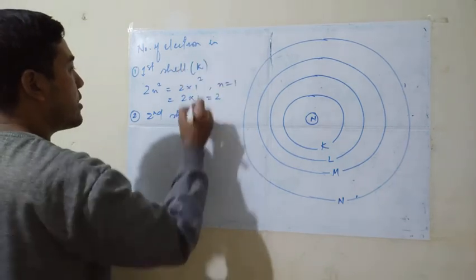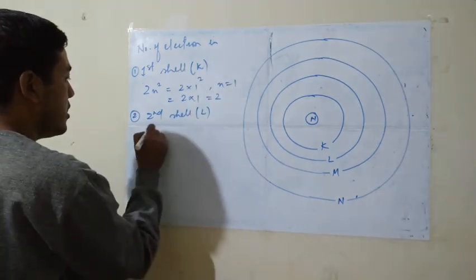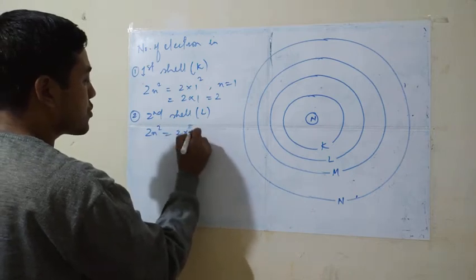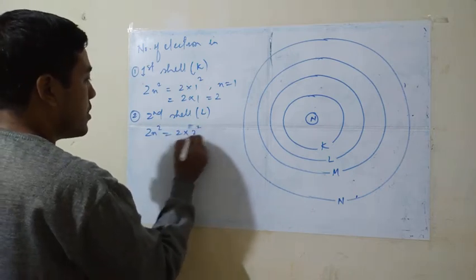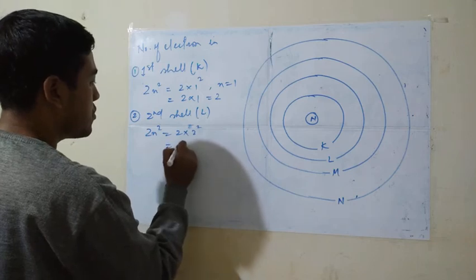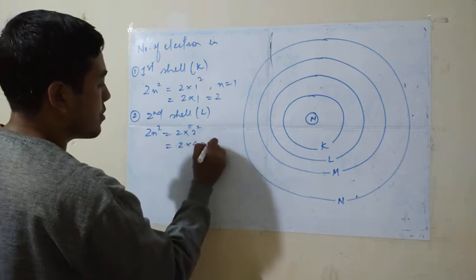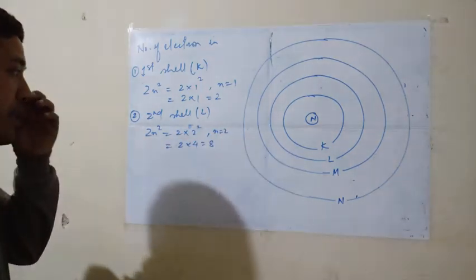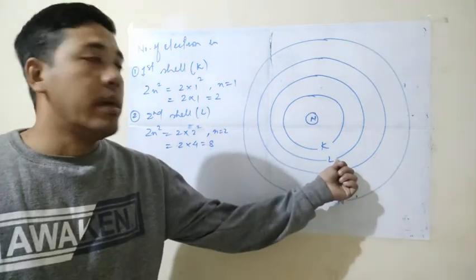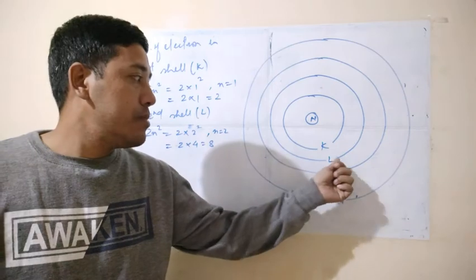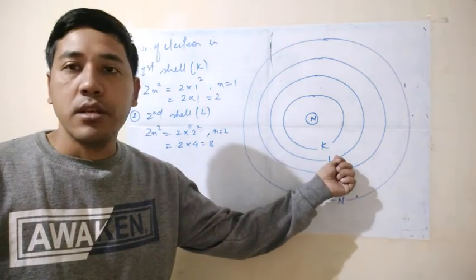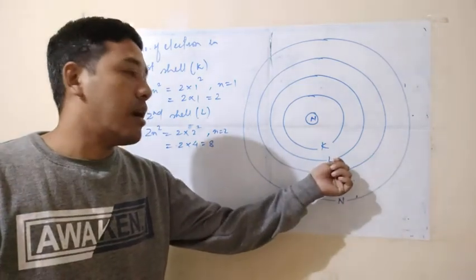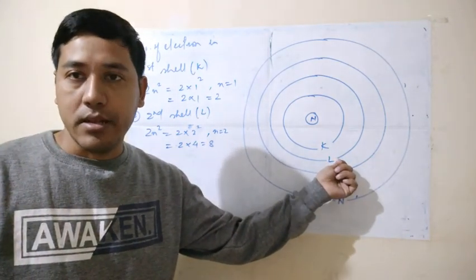This is the K, this is the L. Here, 2n square, 2 into 2 square is equal to 2 into 4 is equal to 8, where n is equal to 2. The number of electrons located in this L can be not more than 8.